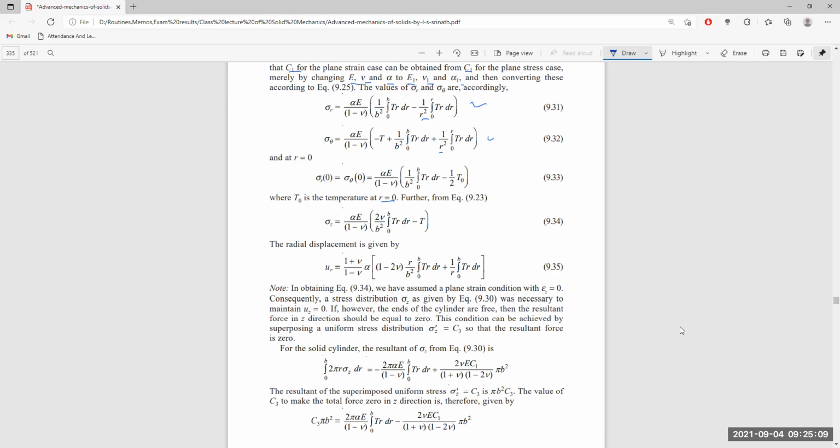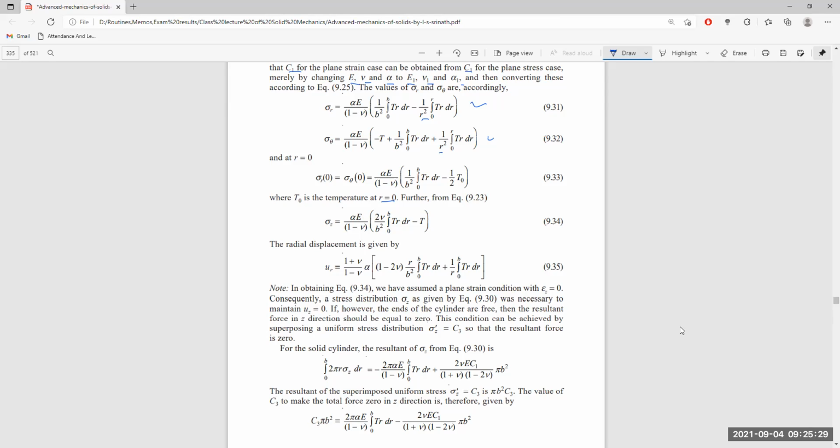So we understand our initial assumption was there is no strain along the length. Consequently, the stress distribution sigma r is given with this; the stress distribution sigma z as given by equation 30 is necessary to maintain epsilon z equal to 0 itself.